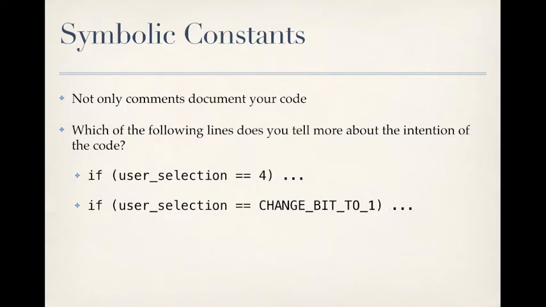Symbolic constants. This is again just, well, you know this already. It increases readability tremendously. If you look into this, if user selection equals 4, somehow, well, we don't know what this magic number is really meaning.